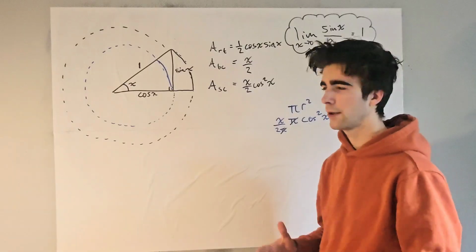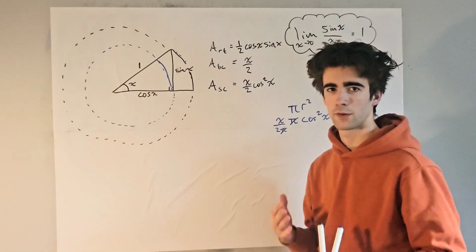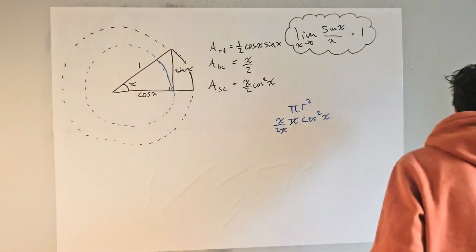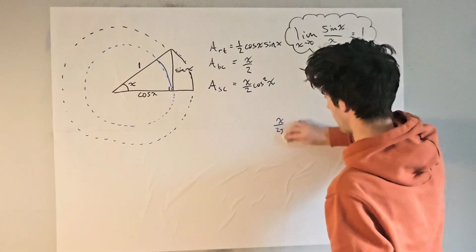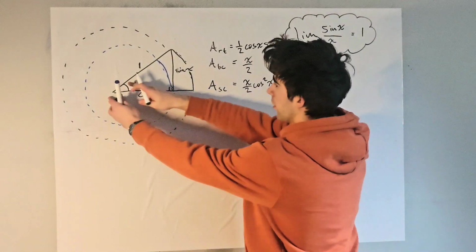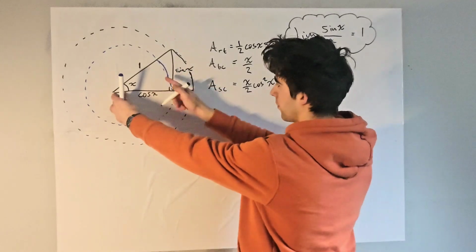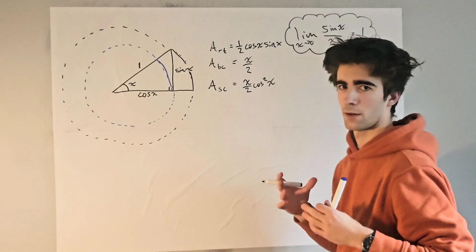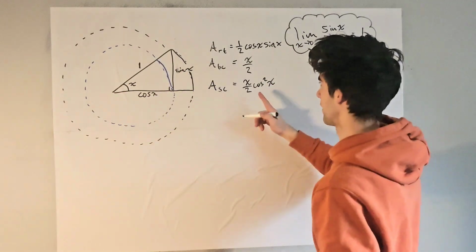Great. Now let's move on to the squeeze theorem section. So we're going to need some room. We know that the smaller circle segment here, bound by this blue line, has the smallest area, and that is this one right here.